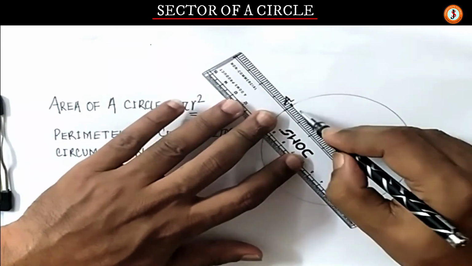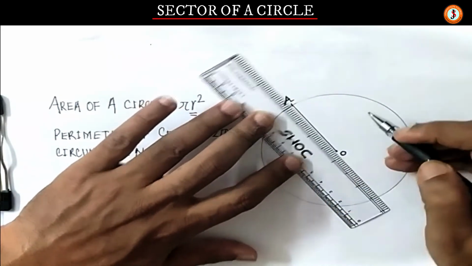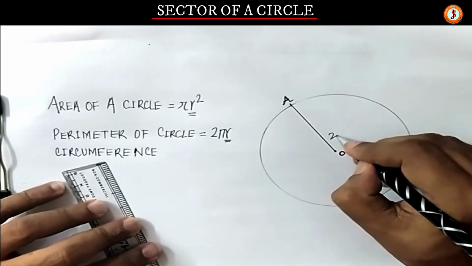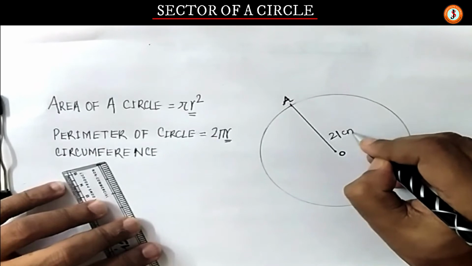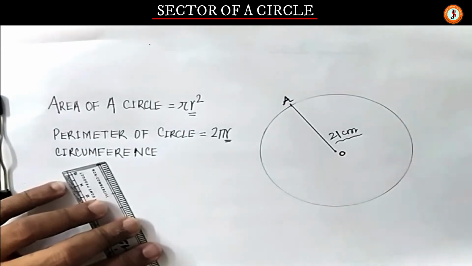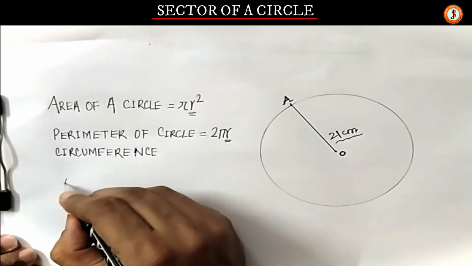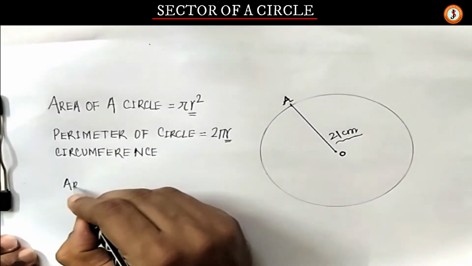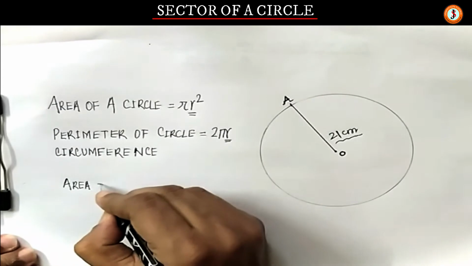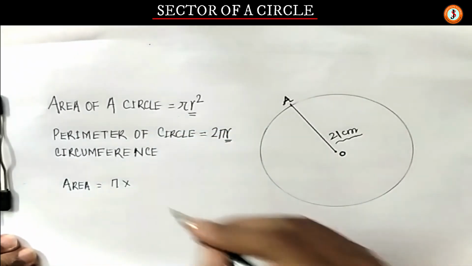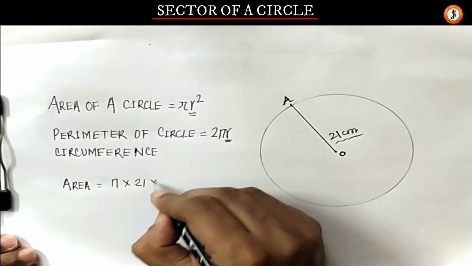For example, I take the radius as 21 centimeter. Then the area of this circle will be equal to pi r square, pi into 21 into 21.